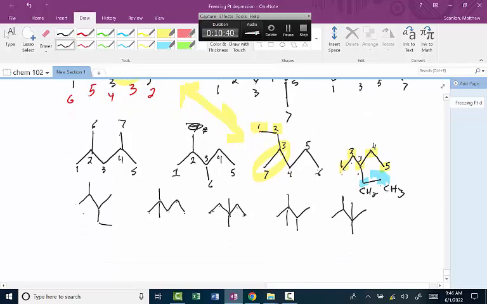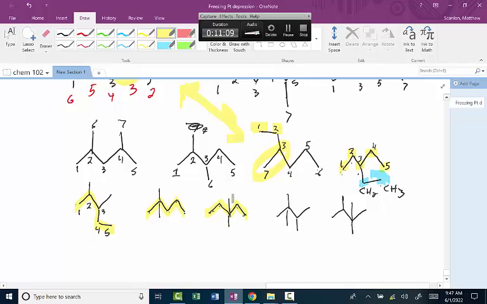How about this one? 1, 2, 3, 4, 5. I have 2 groups coming off now, 2 and 3. So 1, 2, 3, 4, 5, and then I get two groups coming off my second carbon. 1, 2, 3, 4, 5.